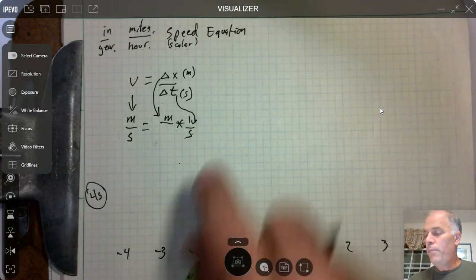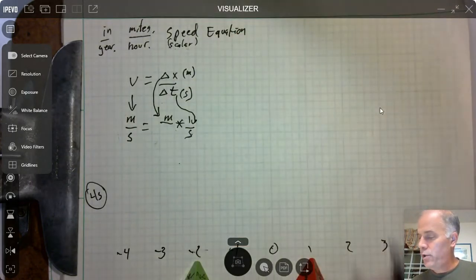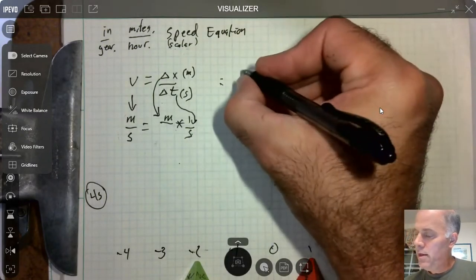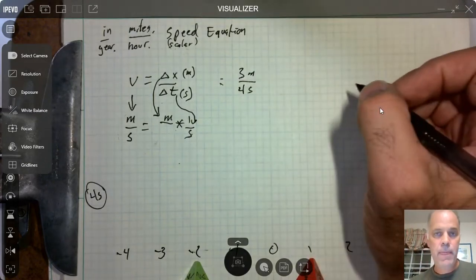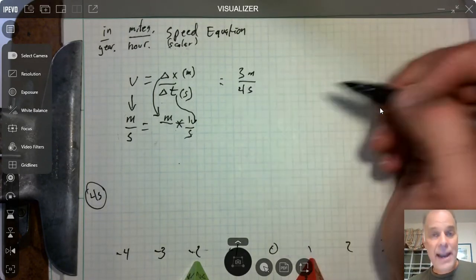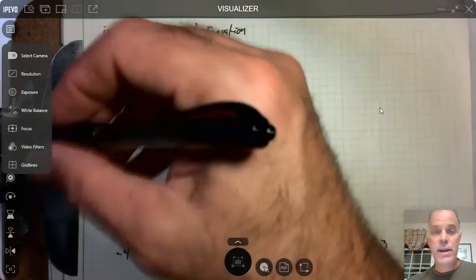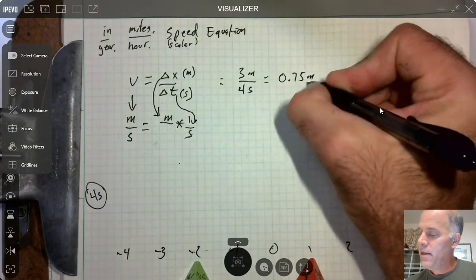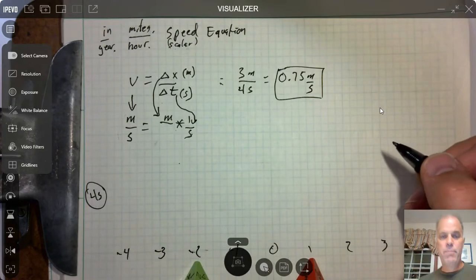Okay, so speed is a distance divided by a time. The distance is 1, 2, 3. So that's going to equal 3 meters divided by 4 seconds. And we don't use fractions in physics. Almost never use fractions. So we want to break this down to a decimal. So that's going to be 0.75 meters per second. And you put a box around it when you get to the right number.